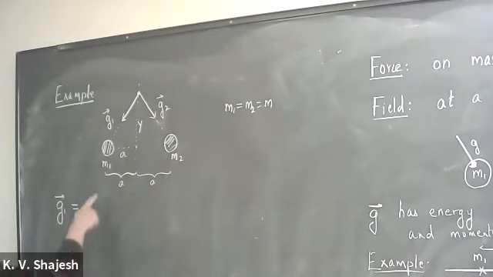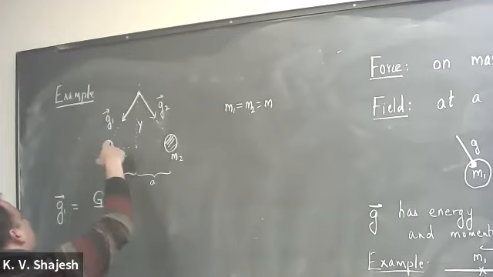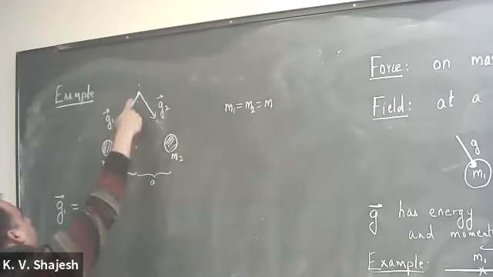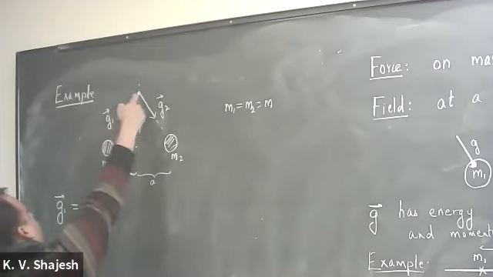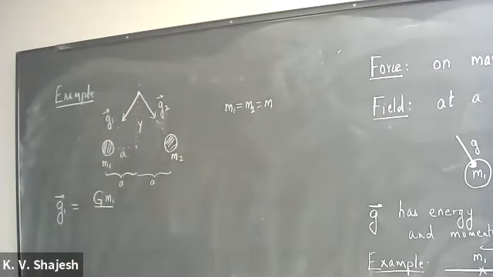So G1 will be, as far as magnitude goes, G times M1, and the distance square, the distance between the center of the mass M1 to the point of observation, where we are pretending we would like to keep another mass, or what is the gravitational field at that point, we will call it an observation point.